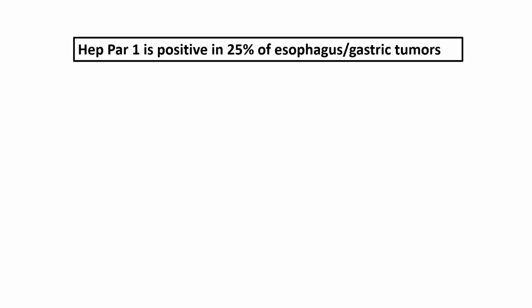And since you asked so nicely, why is it my least favorite? Here you go. One, HepPar1 is positive in a substantial number of non-hepatic malignancies, particularly primary adenocarcinomas arising from the upper gastrointestinal tract.